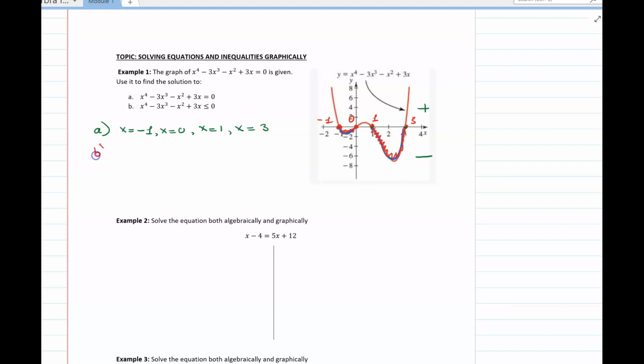So in part B, because this is a less than or equal, we include the endpoints. So negative 1 to 0 union with 1 to 3. The equation is less than or equal to 0 in this interval.